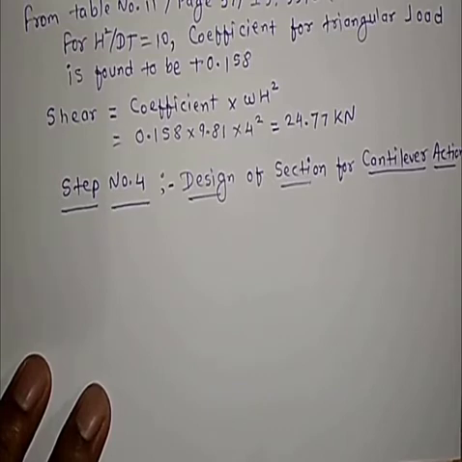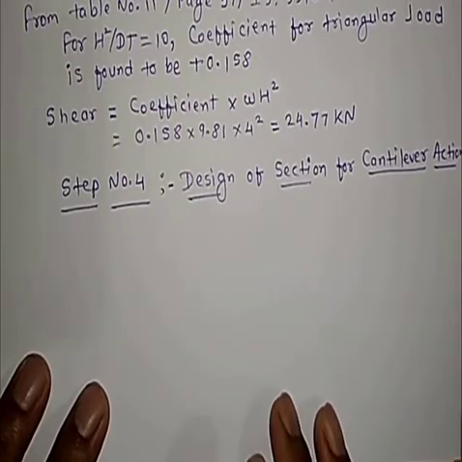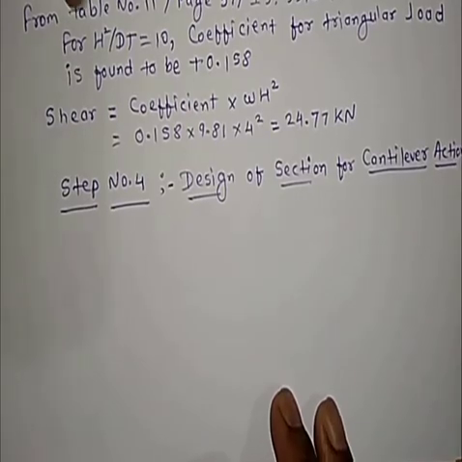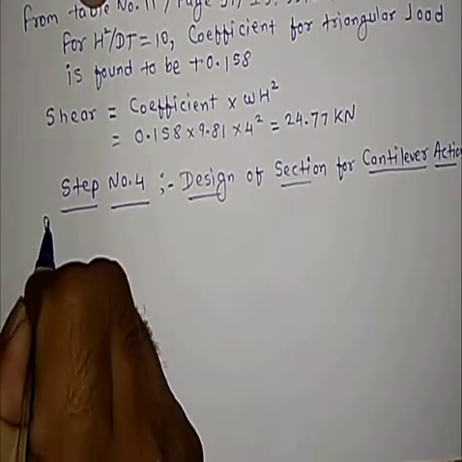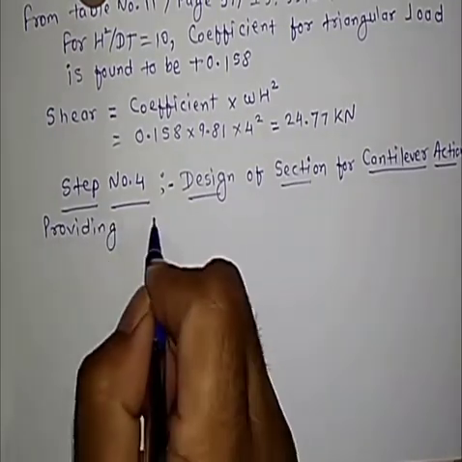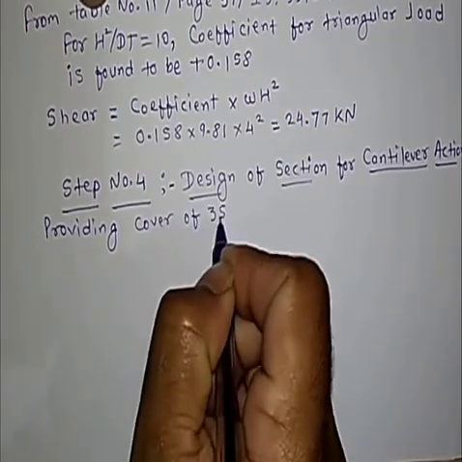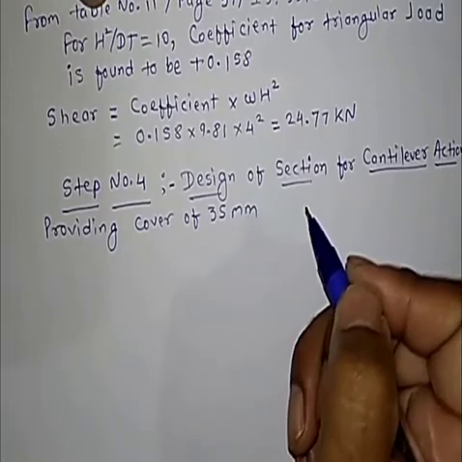So in this problem the thickness is already given, or it is to be assumed as 160 mm. So we can check the cover as 35 mm at the center of the reinforcement. So we can write down providing cover of 35 mm.